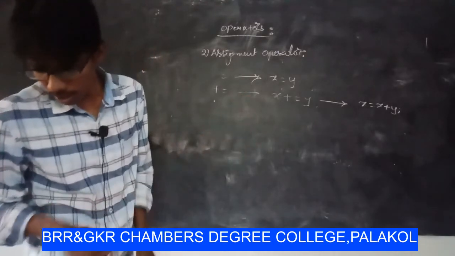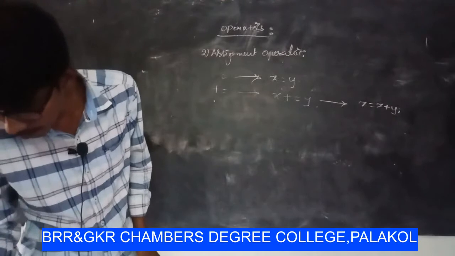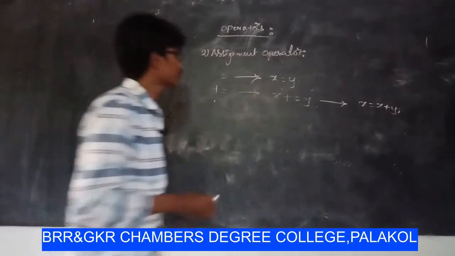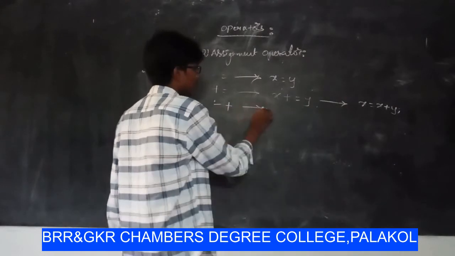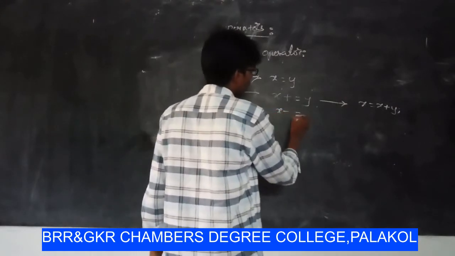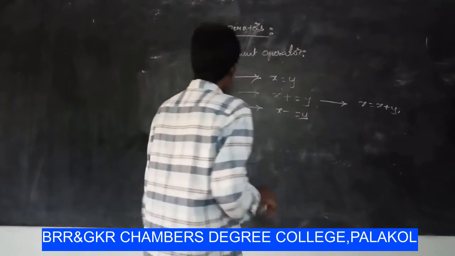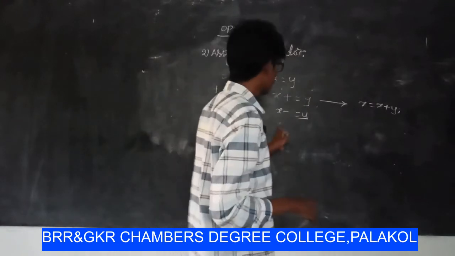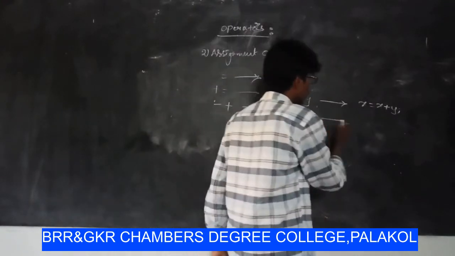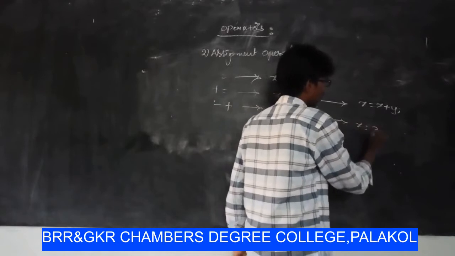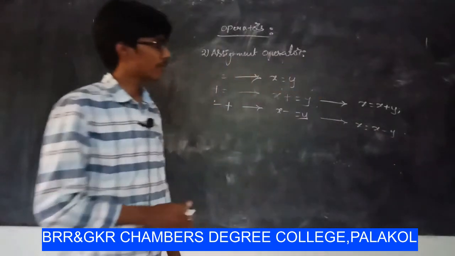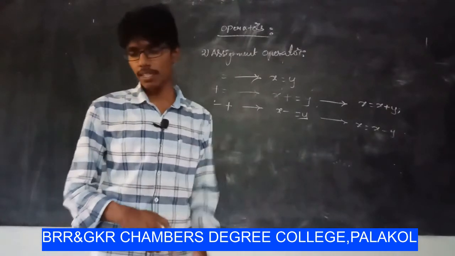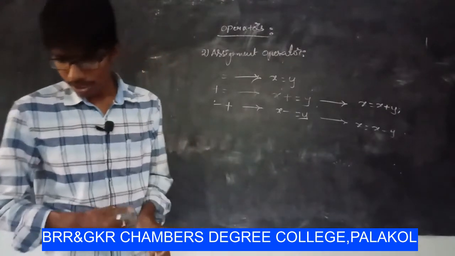Then minus equal to: x minus equal to y means x is equal to x minus y, so y is subtracted from x and the result is assigned to x.